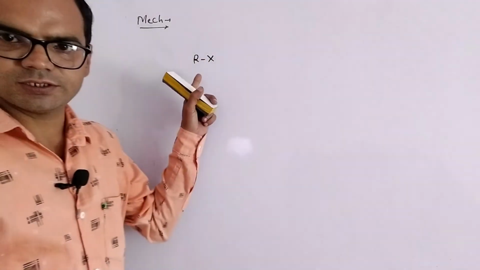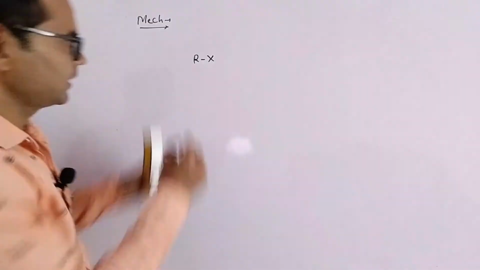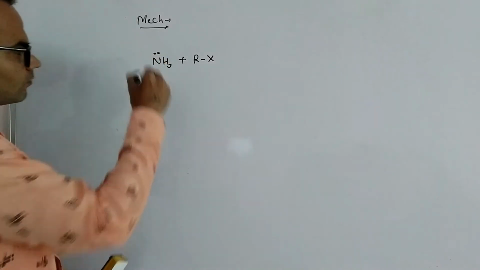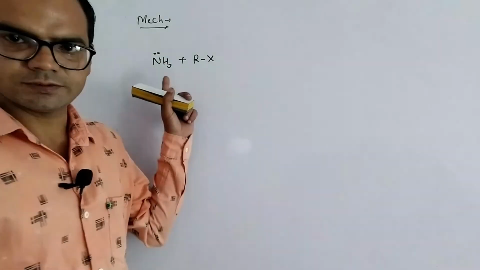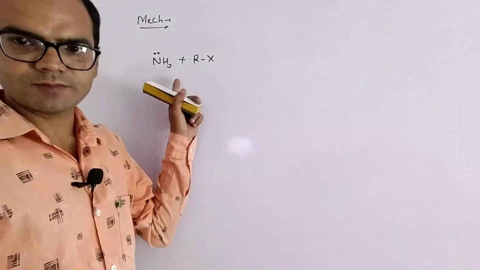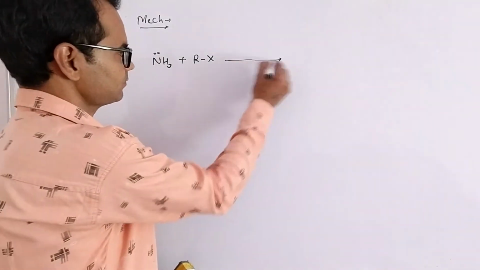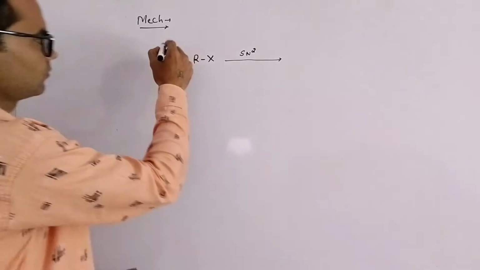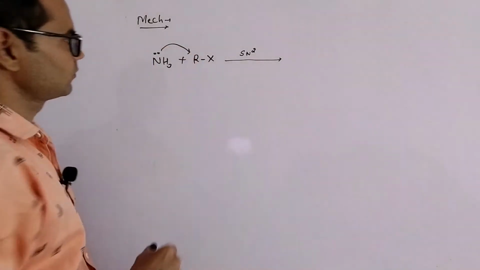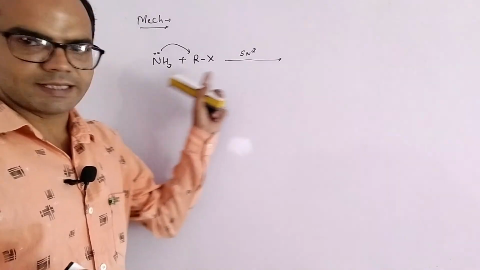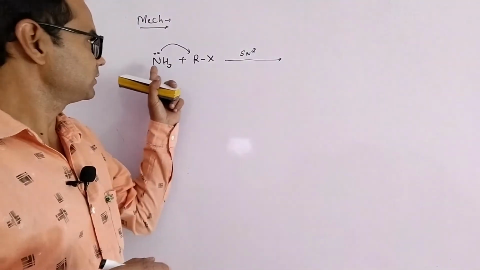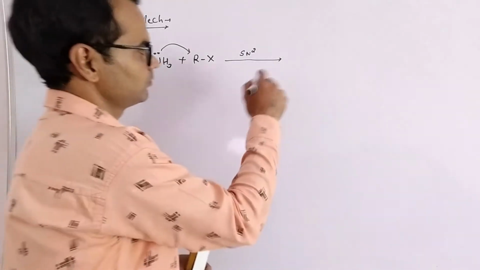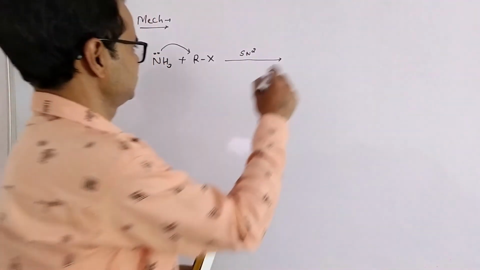We have RX molecule, so attack takes place by lone pair of ammonia. Actually it is a SN2 mechanism. So by SN2 mechanism, lone pair of ammonia nitrogen attacks on alkyl halide. As a result, primary amine salt is formed.